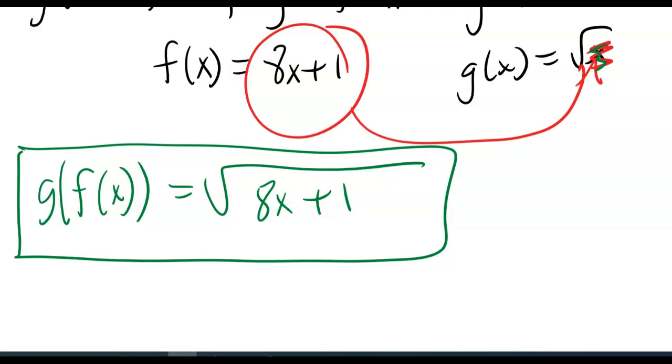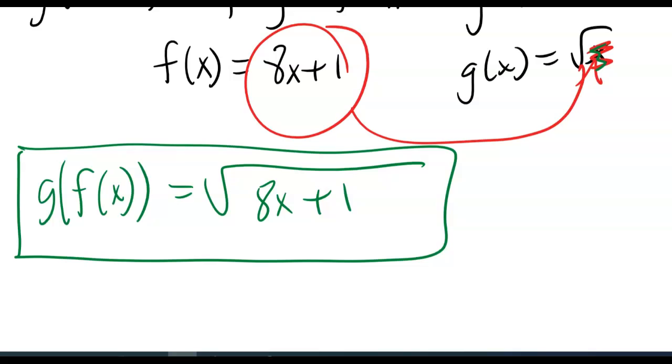That's it, okay? So let's talk about the domain of g of f of x. The domain of g of f of x is going to be the domain of f, so what is allowed in f that's also allowed in g.